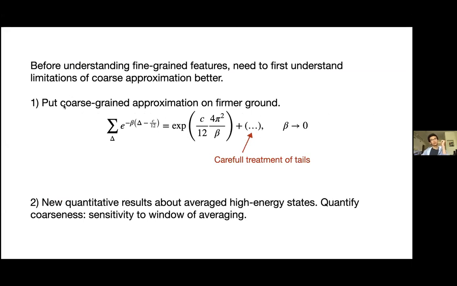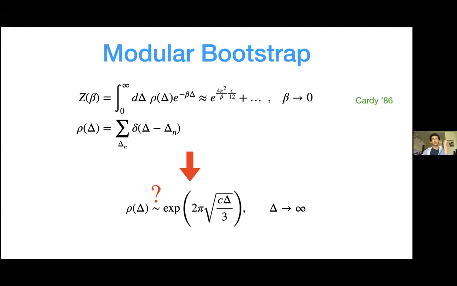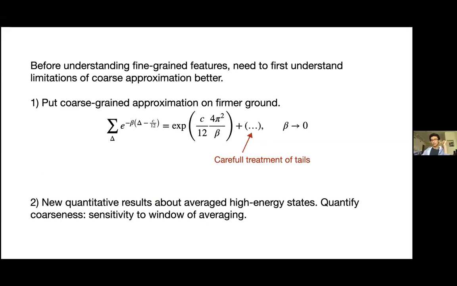This is the goal of this work: to put this approximation on firmer ground. This, of course, entails treating these tails more carefully, because they are the source of all the puzzles and paradoxes. Along the way, we will get some new interesting quantitative results about high energy states, and in particular quantify what we mean by coarseness, what kind of averaging we have to do, and so on. So this is the motivation.